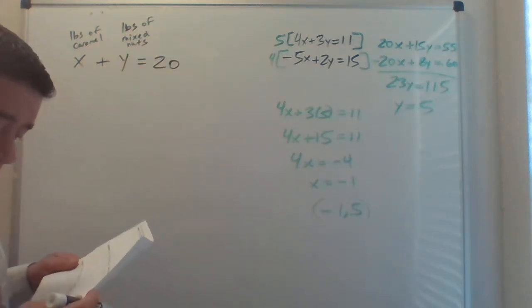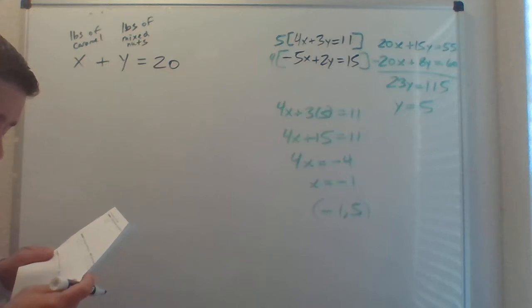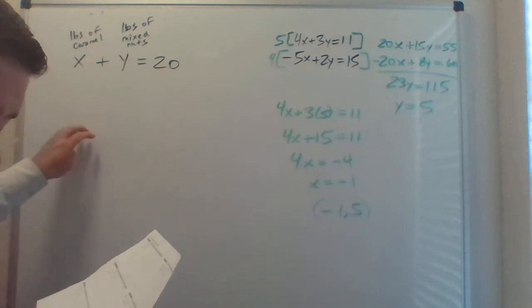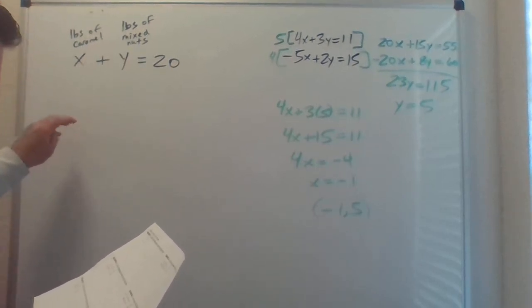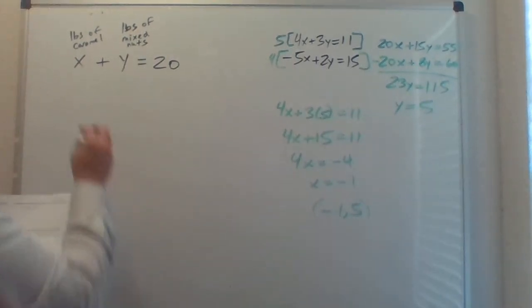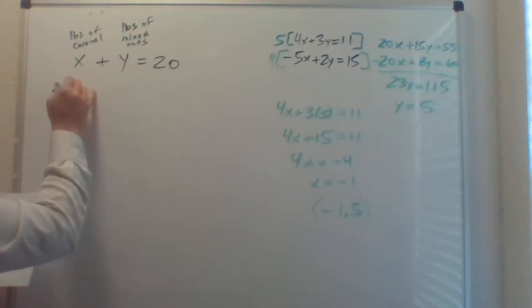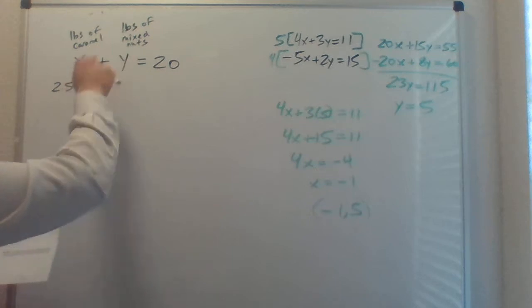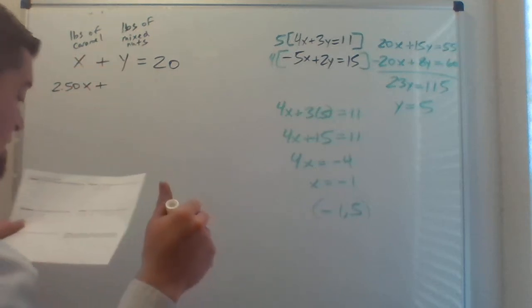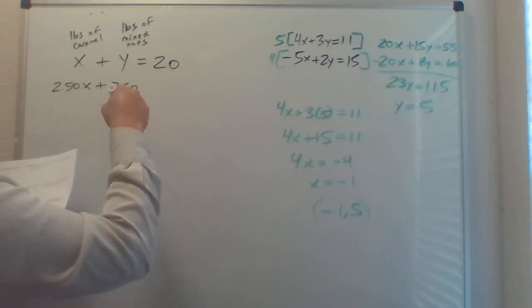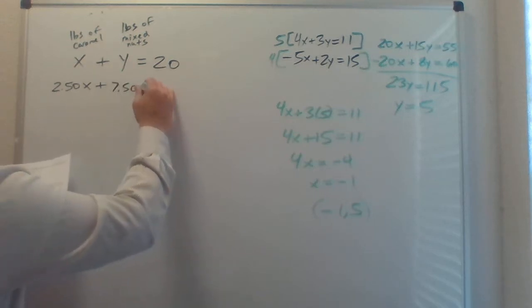Okay, so we have a 20-pound bag, and that's worth $4.50 per pound. The other thing we want to take note of is caramel corn's worth $2.50 per pound. So I can make an equation: 250x, 250 per pound of caramel, plus 750 per pound of honey roasted nuts.